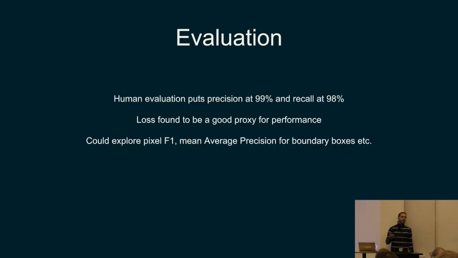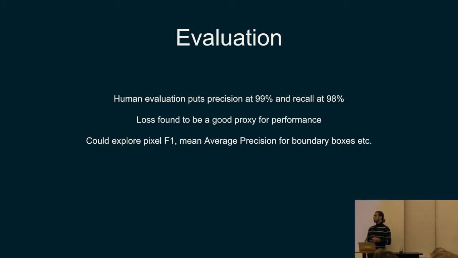For the validation, we've been looking at loss. It's not exactly what's important in the end. The important thing is whether we get the text and get as little as possible of anything else. You could consider some more rigorous metrics. You could look at the segmentation task and say, out of the pixels we predict, how many are correct, what's the F1 score. You could also look at the boundary boxes that we construct and compare them to the boundary boxes we would construct for the target.